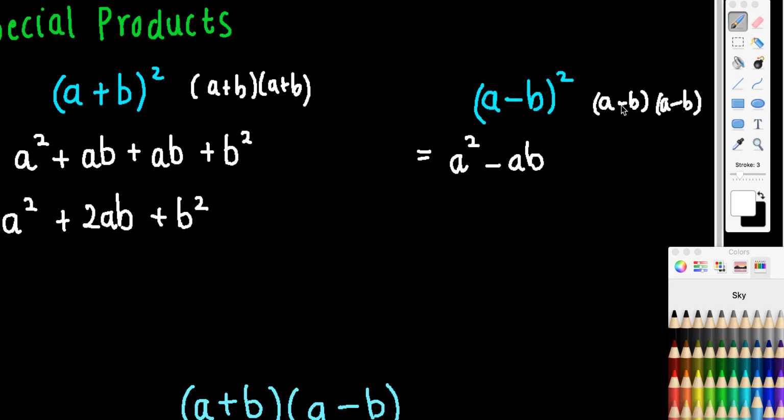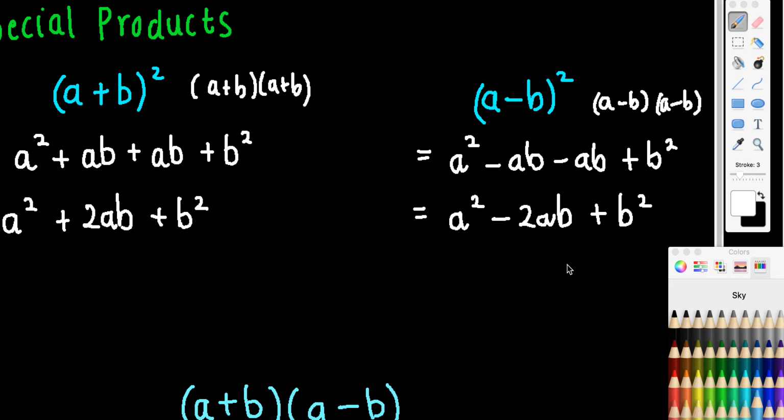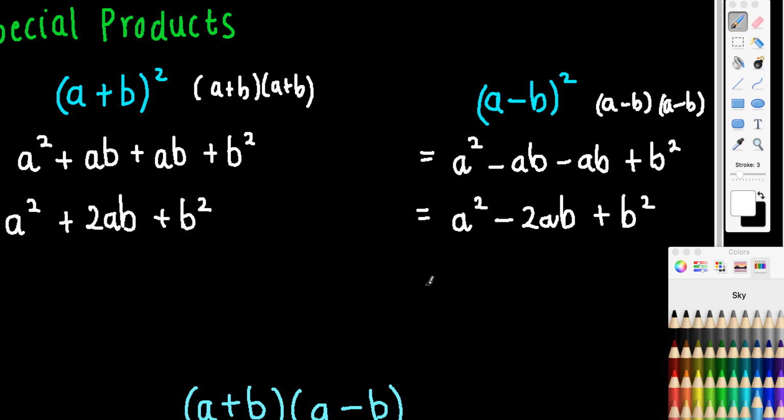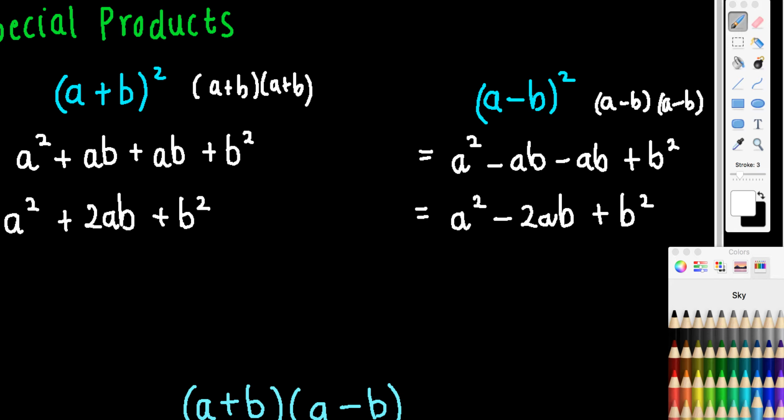Then inside terms, negative b by a, so that's negative ab again, and negative b by negative b is positive b². Collect those like terms again, and there we have our second identity for (a − b)². So I'm going to make use of those in a moment when I do a few examples with you.